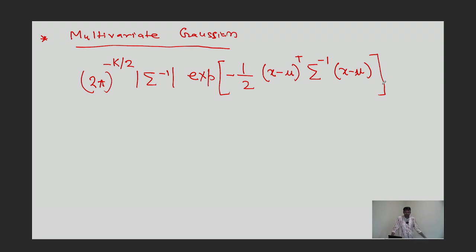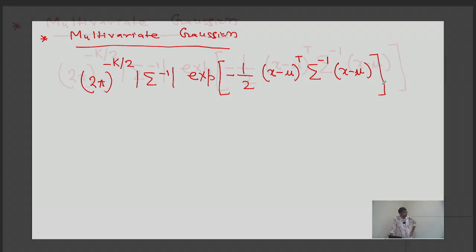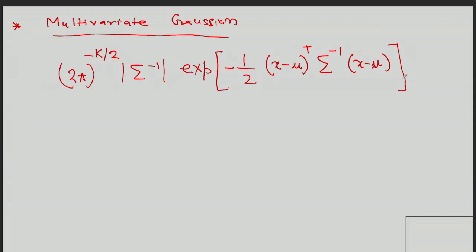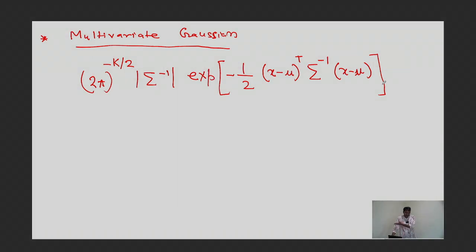You can do the maths. So the number of unknowns is quite high. If k is 100, then broadly speaking, 100 square. It will be less than that, but it is in that order. It is high because of the covariance matrix, because that is in square.